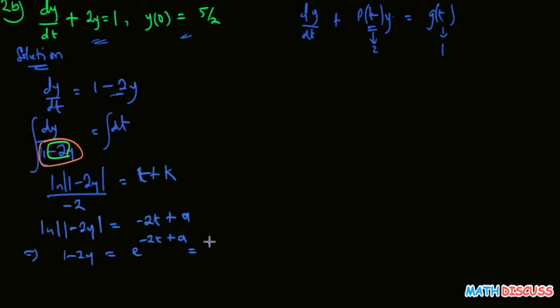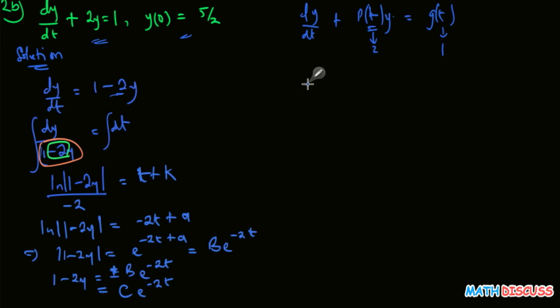Now this is the same thing as b e to the negative 2t. We do not forget that there is an arbitrary constant here. Now to remove the absolute sign here, we have 1 minus 2y equals plus or minus b e to the power negative 2t. And then this is another arbitrary constant which I could just call c.